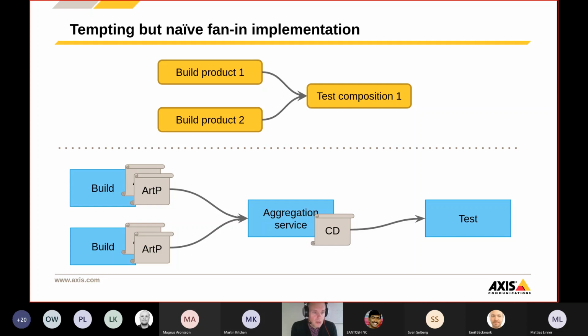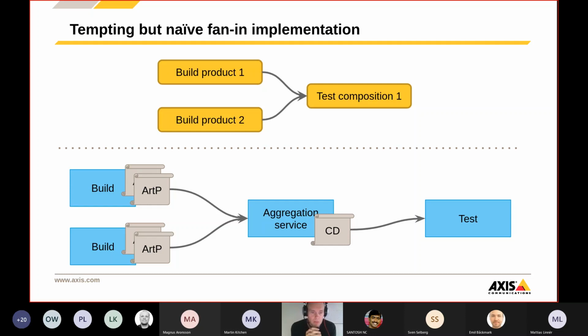They produce artifact created, artifact published events. We would have some kind of aggregation service that listens to the bus and waits for the artifacts to arrive. When matching artifacts have arrived, we construct a composition from them, send that, and it will be picked up by some kind of test process.